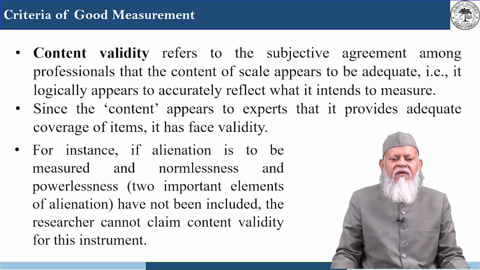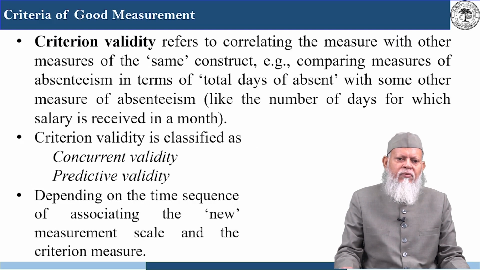For instance, if we have to measure alienation, normlessness and powerlessness are two important elements of alienation, and if these have not been included, the researcher cannot claim content validity for this instrument.